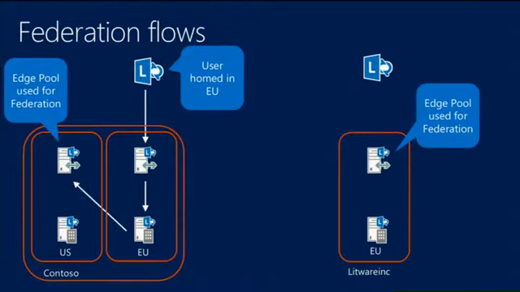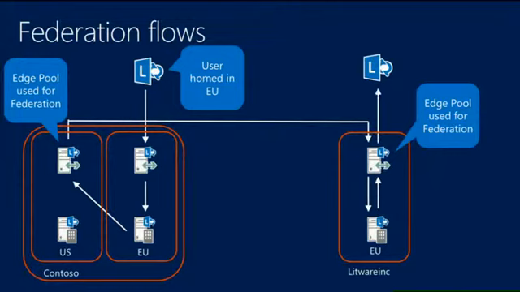The Europe pool sees that litwareinc.com is not one of our internal domains, it's a federated domain, so let's send it out the federation route. Federation route is over the US pool. Because we have a federation established, it sends everything to the edge pool used for federation in Litware Inc., sends it to the next hop, the home server of the user, and then it goes to the user.